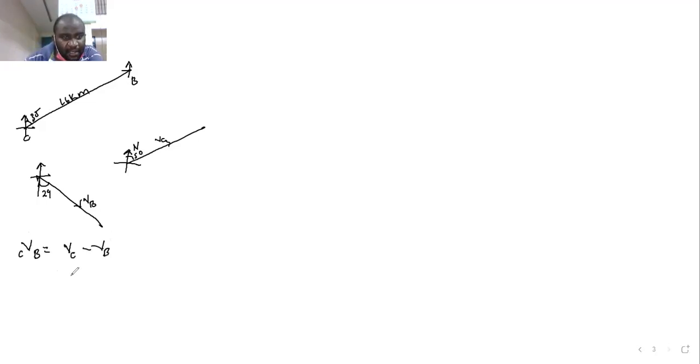The battleship's negative will go this side when sketching. So I have the velocity of the cruiser and the negative velocity of the battleship.